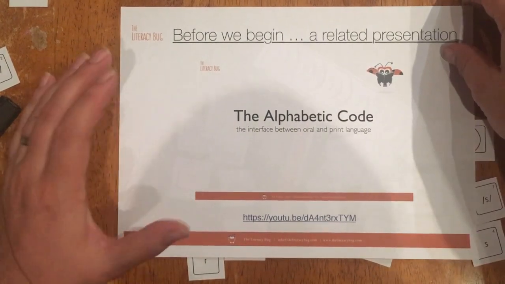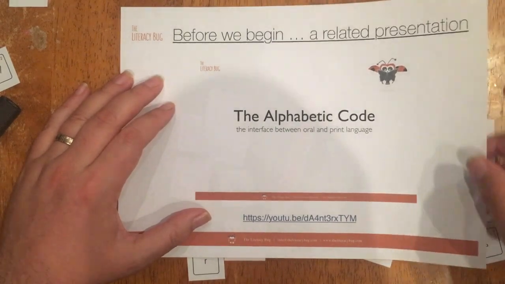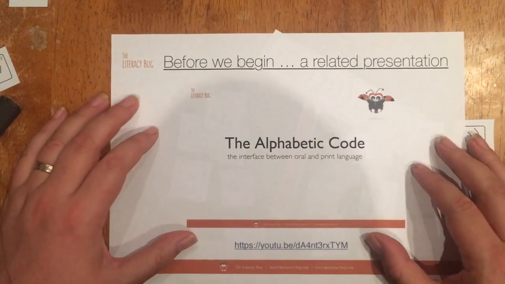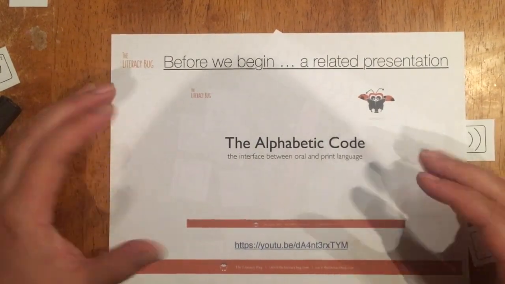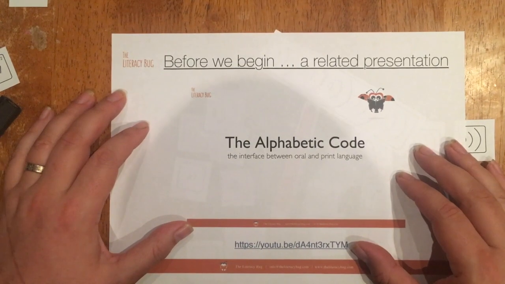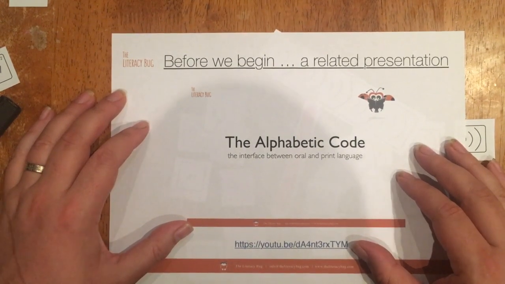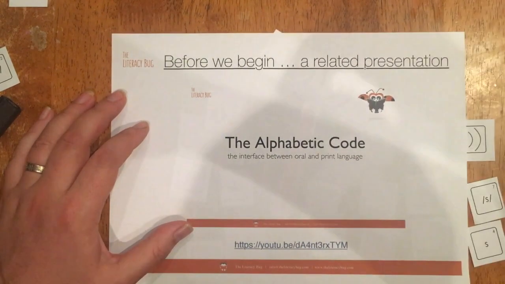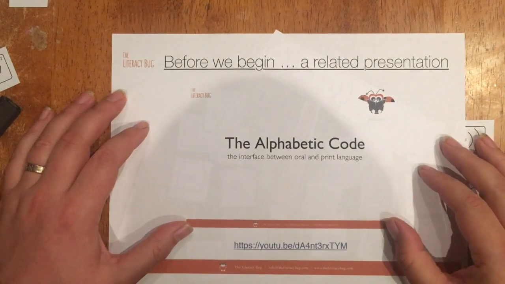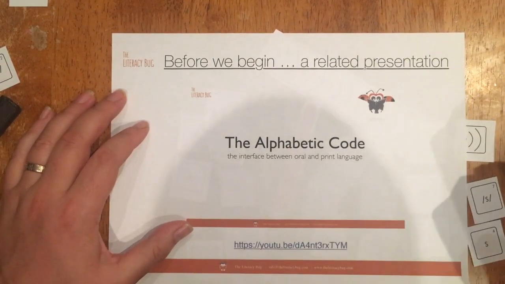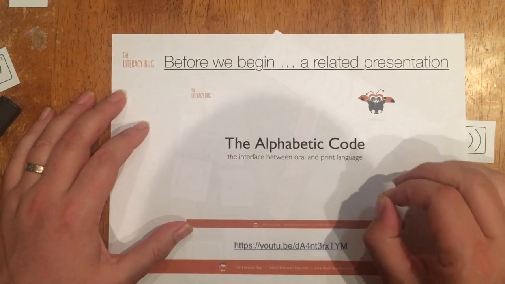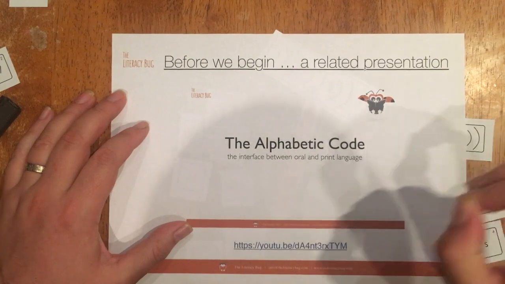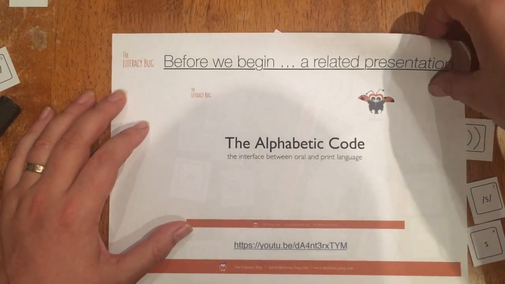But for today's purposes, we're focusing on something a lot more concrete, an activity that we can use around known vocabulary that can help learners start processing the sounds within words and being able to distinguish the sounds within words and associate those with letter patterns that they're familiar with. And so one thing to keep on emphasizing in this activity is that it's an encoding activity. It's not a reading activity. It is encoding. So I am taking my oral language and figuring out how to represent that oral language in print.